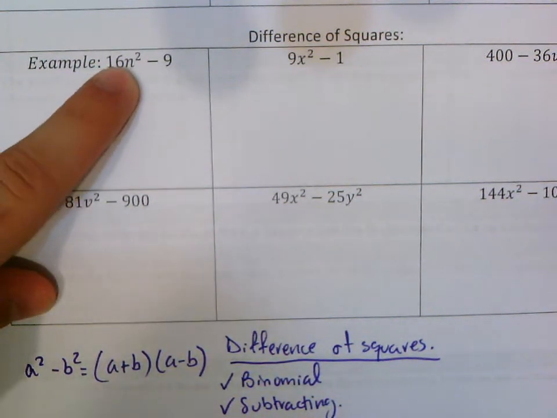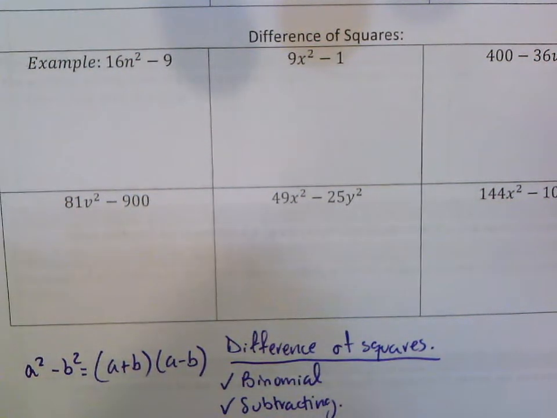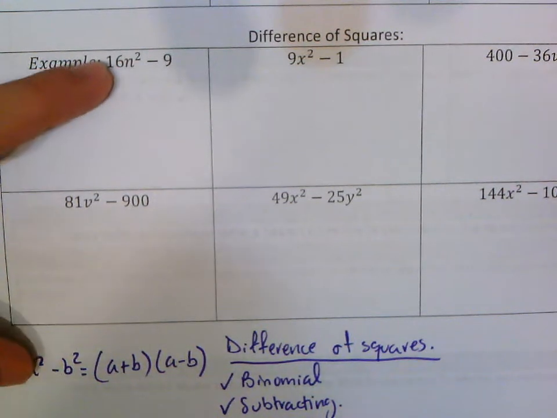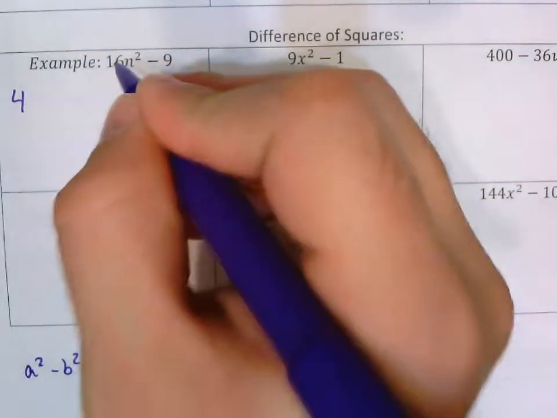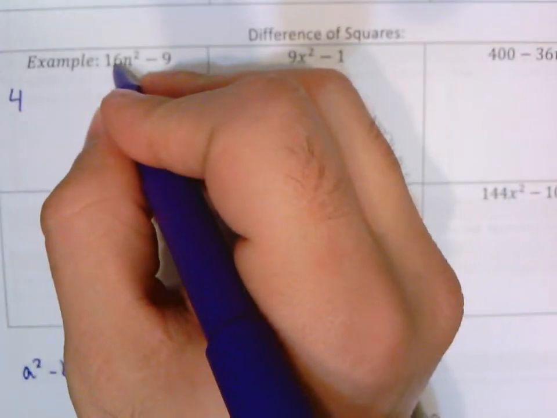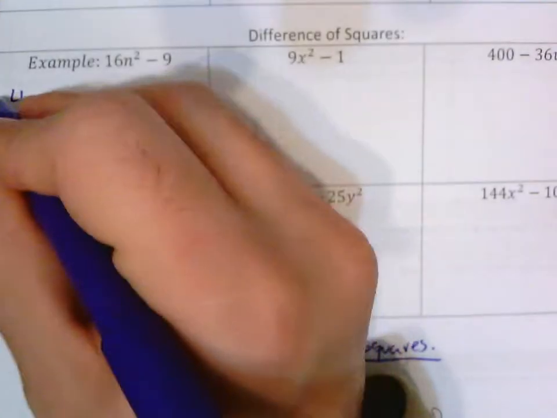16 is a perfect square, n is also a perfect square, and then you have 9, which is a perfect square. So if 16 is a square, that means that a will be 4. Actually, a squared will be 16n squared. So if I take the square root of everything here, I will just end with 4n.